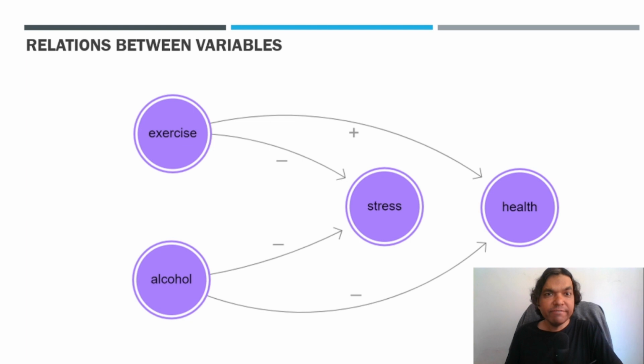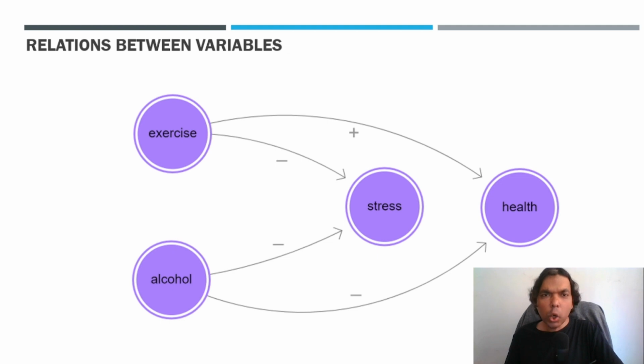Once we identify the variables, we need to link them together if they are related. Consider alcohol and stress. According to Ankur, consuming alcohol reduces his stress. When the increase in one variable causes the other variable to decrease in value, then they are linked with a negative sign.